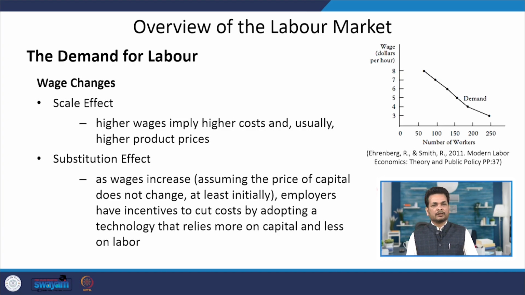First, the scale effect. Higher wages imply higher costs, and usually it leads to higher product prices, because consumers respond to higher prices by buying less, and employers would tend to reduce their level of output and employment, other things being constant.